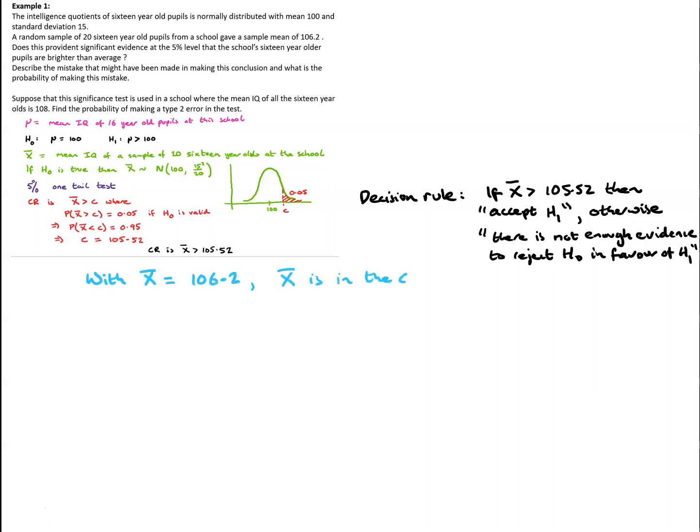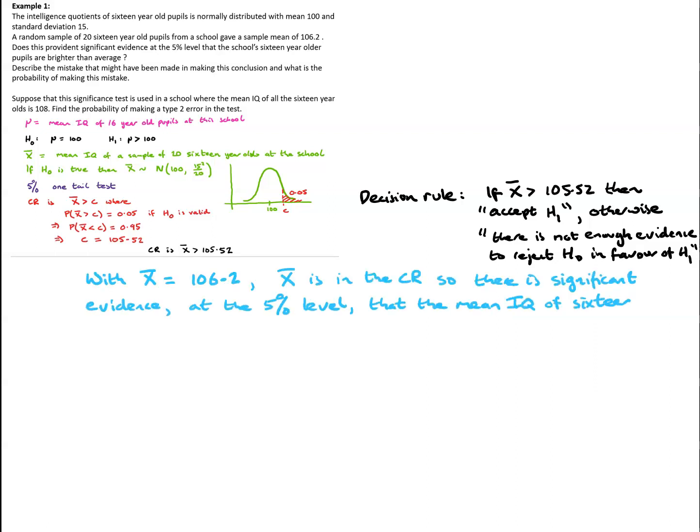Well, we had x bar, the sample mean, being 106.2. This is in the critical region, so there is significant evidence at the 5% level that the mean IQ of 16-year-old pupils at the school is higher than 100.